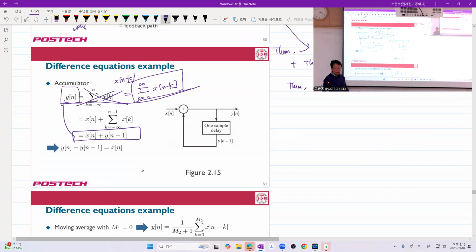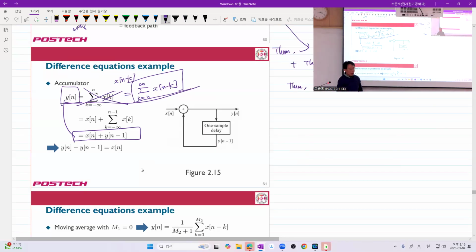Which one is correct? If we define LCCDE that can have countably infinite terms, both of the expressions are correct. However, as I told you, some researchers restrict their LCCDE to have a finite number of terms. Now, does this have a finite number of terms? No. So for those researchers or book writers, this is wrong, and that is correct.